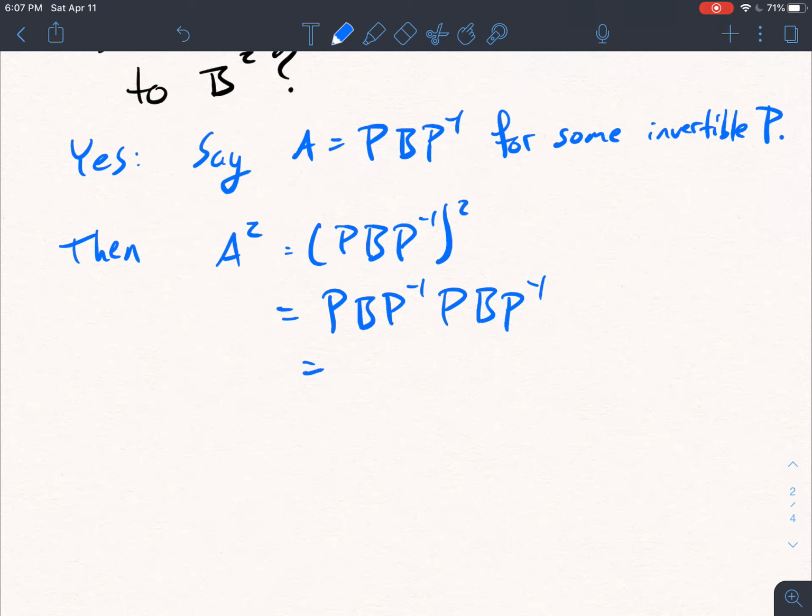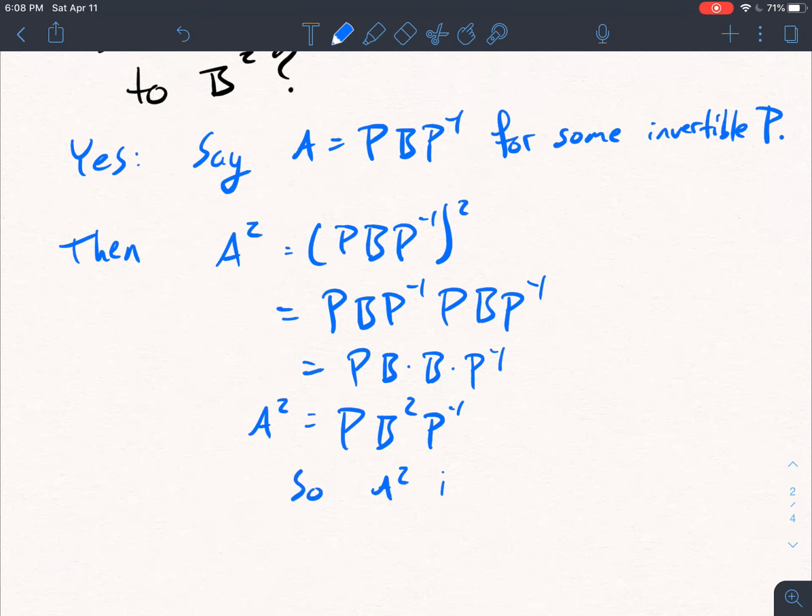And here in the middle, I have P times P inverse, and so those cancel out. That's equal to the identity matrix. And I'm left with P times B times B times P inverse, which is P B squared P inverse. And again, that's equal to A squared. That's what we started with. And so A squared is similar to B squared.